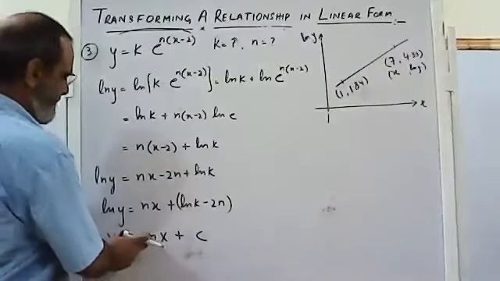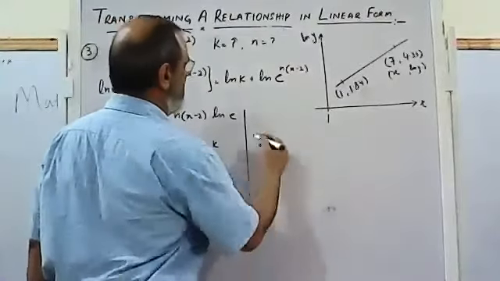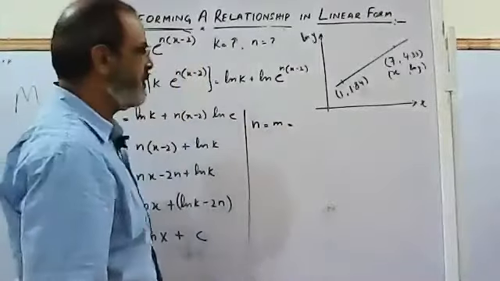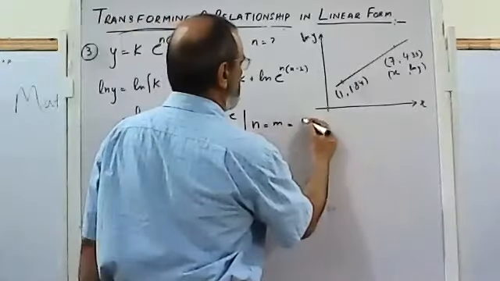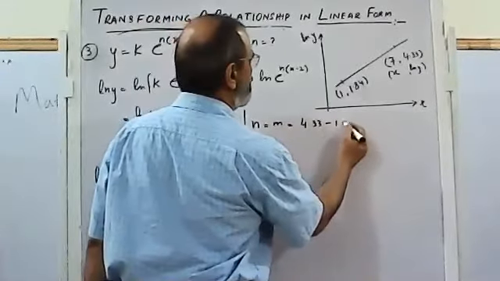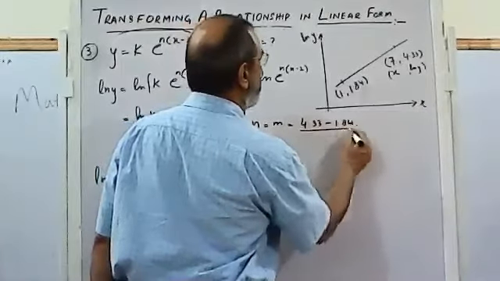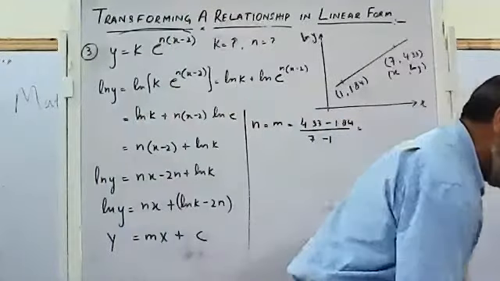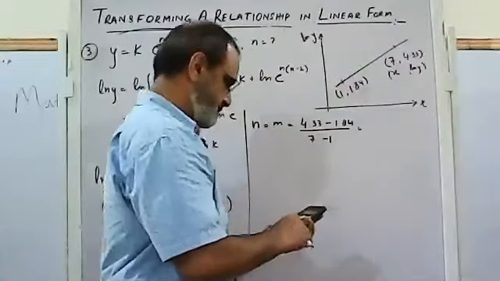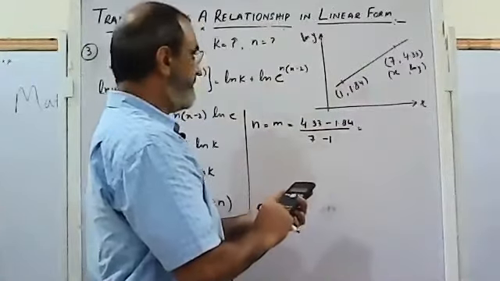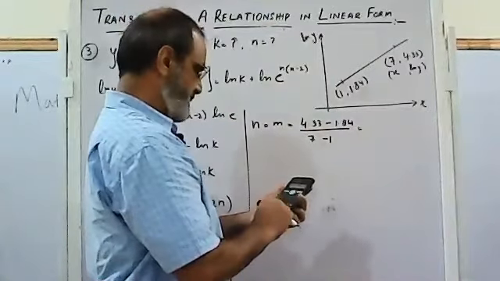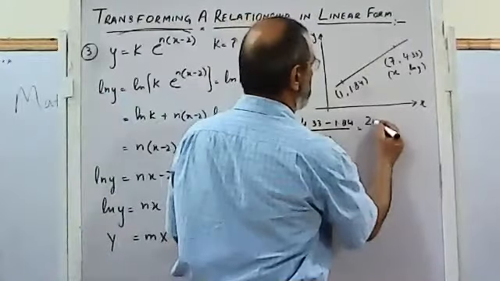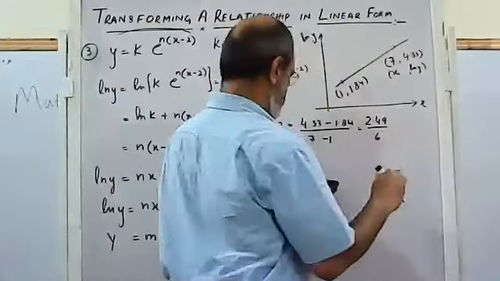So first I'm going to find the value of n. For that purpose, I'll find the gradient. n is equal to the gradient, and to find it I'm going to use the basic formula y2 minus y1 over x2 minus x1: 4.33 minus 1.84, divided by 7 minus 1. 4.33 minus 1.84 gives me 2.49, divided by 6.